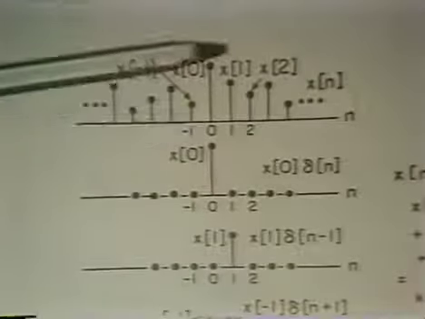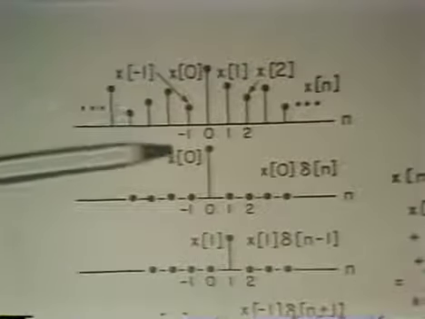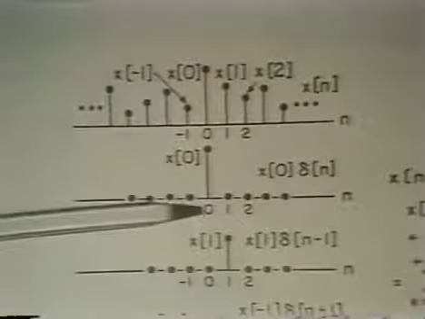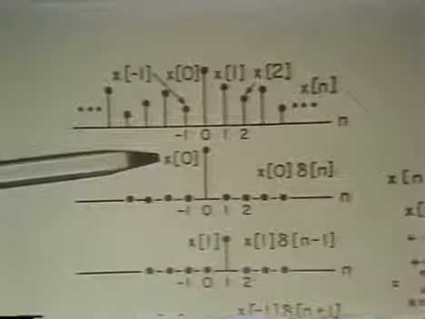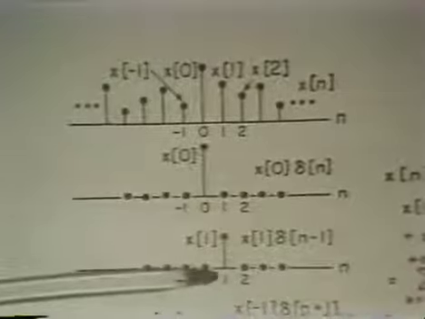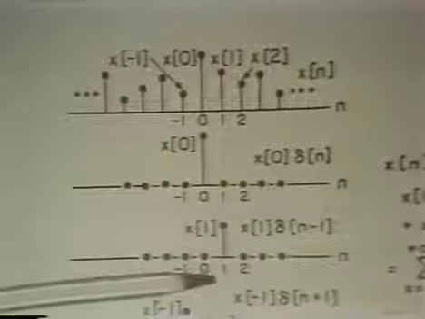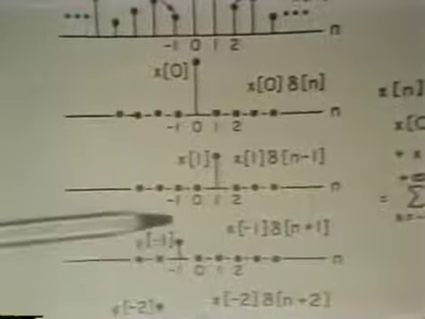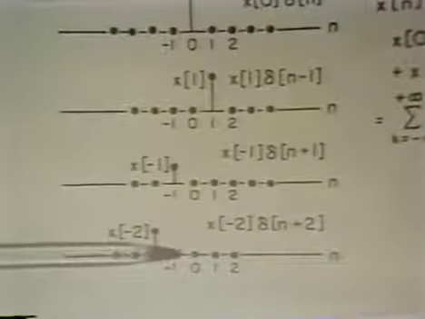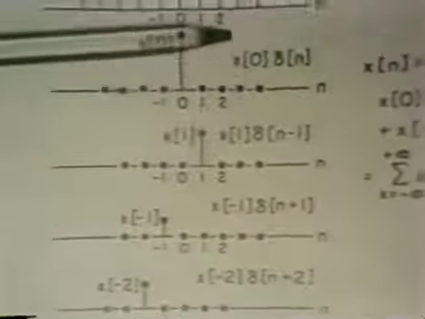So we can think of this general sequence as an impulse occurring at n equals 0 and with a height of x of 0, plus an impulse of height x of 1 occurring at time n equals 1, and so that's x of 1 times delta of n minus 1, an impulse at minus 1 with an amplitude of x of minus 1, etc. So if we continued to generate a set of weighted delayed unit samples like that, and if we add all these together, then that will generate the total sequence.